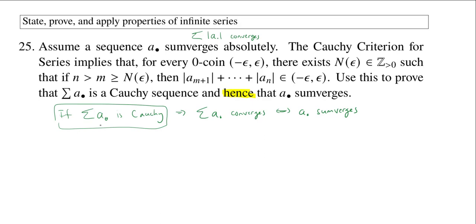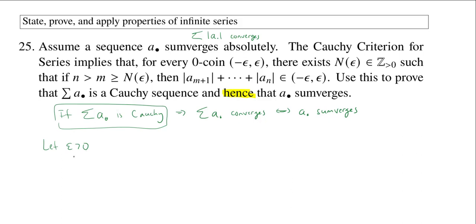So what does it mean for a sequence to be Cauchy? Well, let's see. So let epsilon be greater than 0, right? So we've seen in a previous problem what it actually means to be Cauchy, but let's actually prove this is Cauchy. So let epsilon be greater than 0. We need to show that if we go out far enough, then all of the terms are near each other. All right.